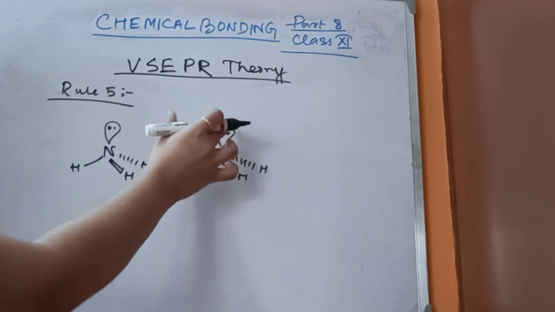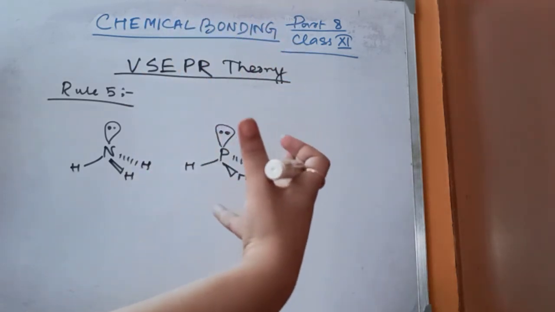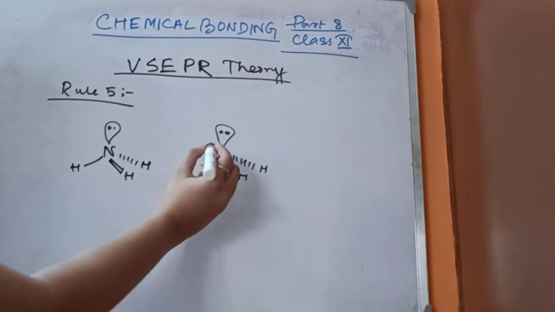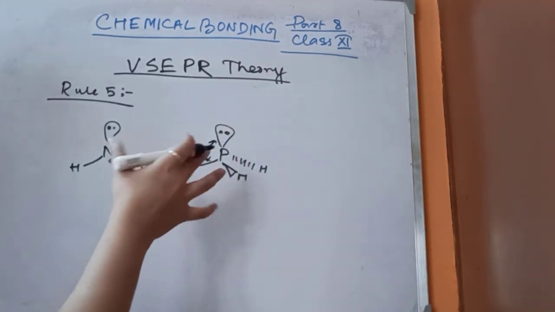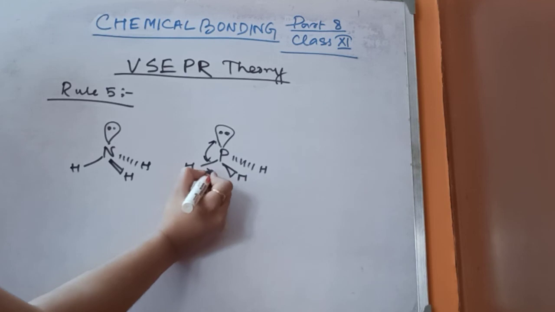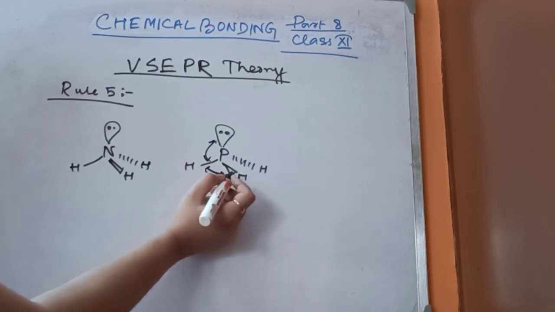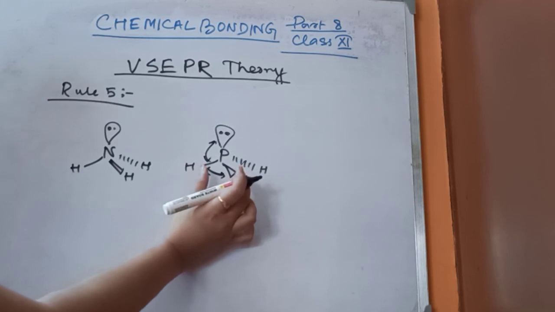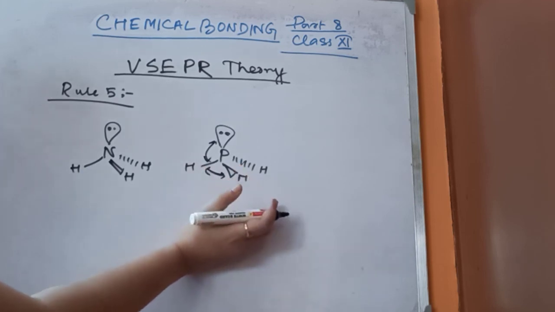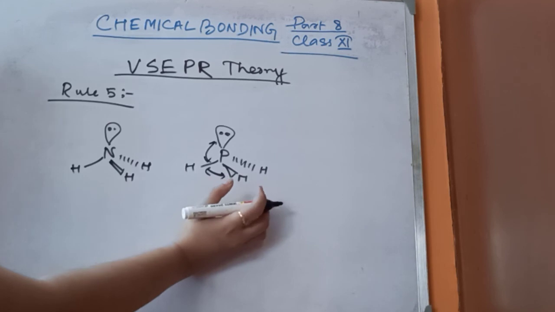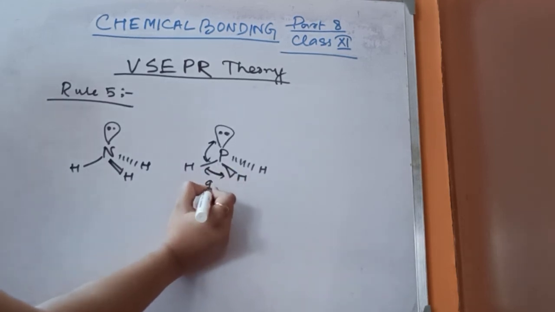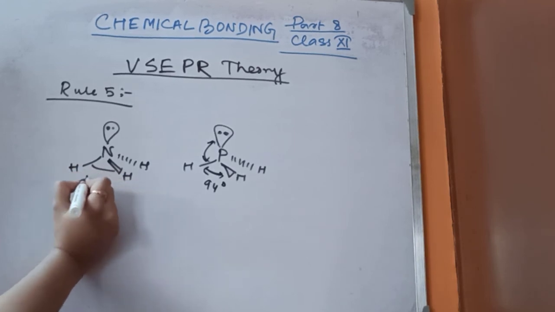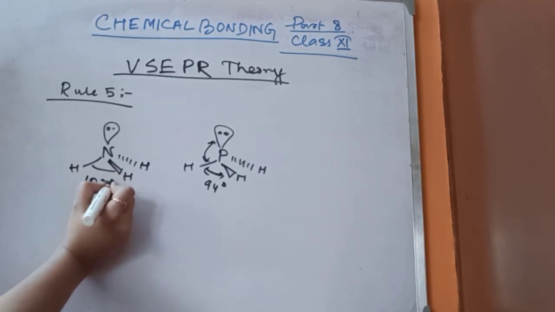As a result, the lone pair bond pair repulsion will increase, and the bond pair bond pair repulsion, we know, is already lower than lone pair bond pair repulsion. So the bond angle will reduce to 94 degree, whereas in ammonia we have a bond angle of approximately 107 degree.